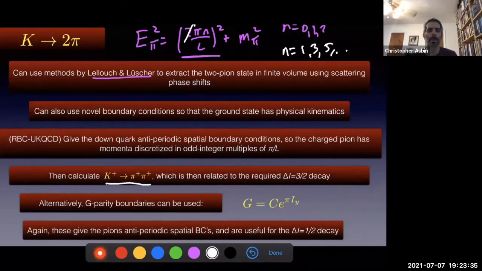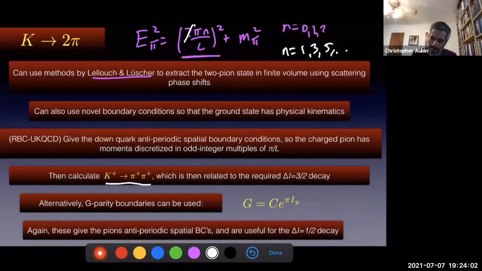And we can use the Wigner-Eckart theorem to relate this to the required delta I equals 3/2 decay. So that's actually really helpful. Now, the problem with this is that you can't do the delta I equals 1/2 decay as easily. And I would encourage you to think about why that would be.